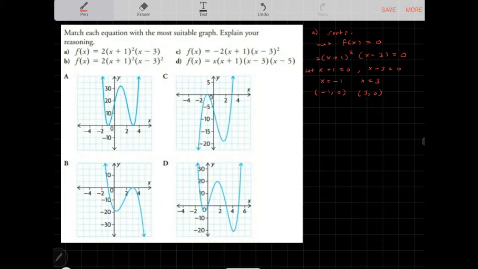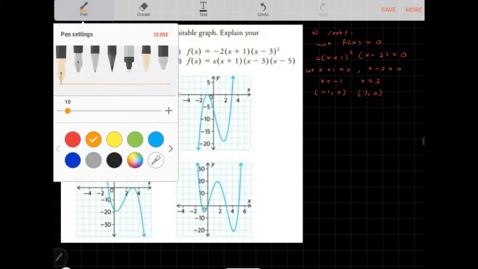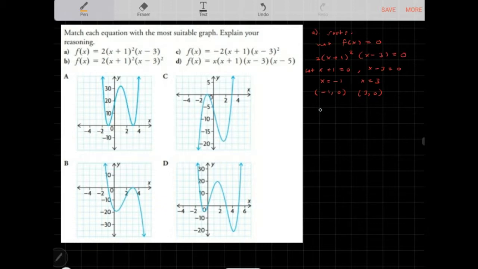Now you can notice here that the degree on your first root, or the order on your root here, negative 1, 0, the order here is basically 2, right? And because the order is 2, the behavior of this is going to be concave to negative 1, 0.